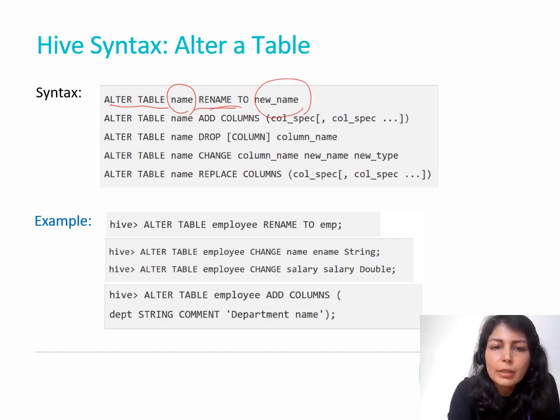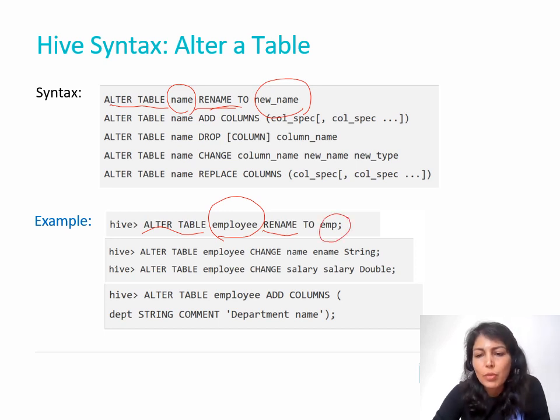So alter table, the name of your table, rename to the new name. For example, in this example, you can see alter table. My table's name is employee. I want to rename employee to emp. So from now on, the name of my table is not employee, it's emp.